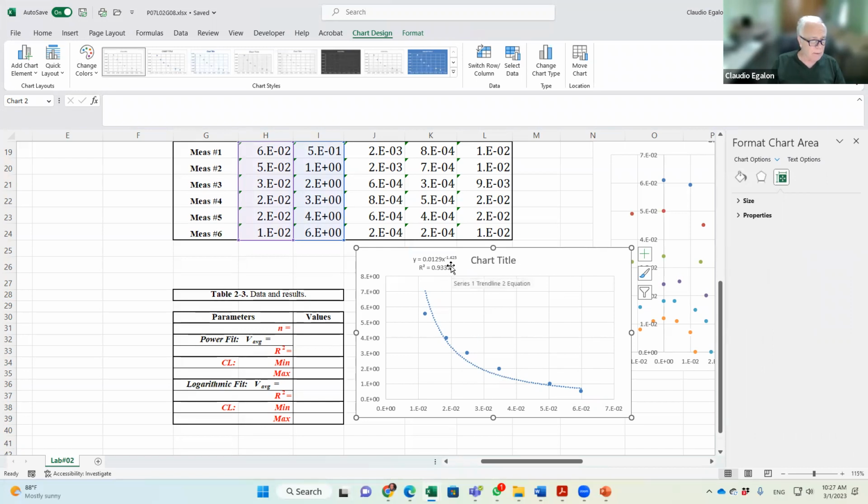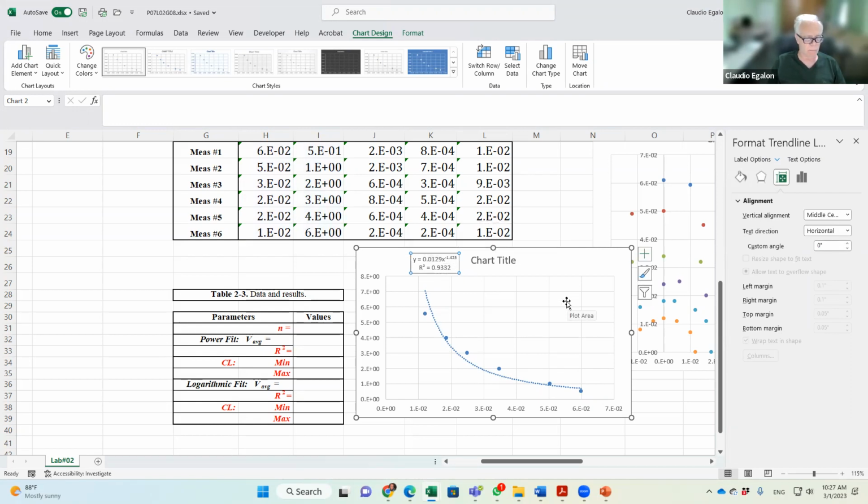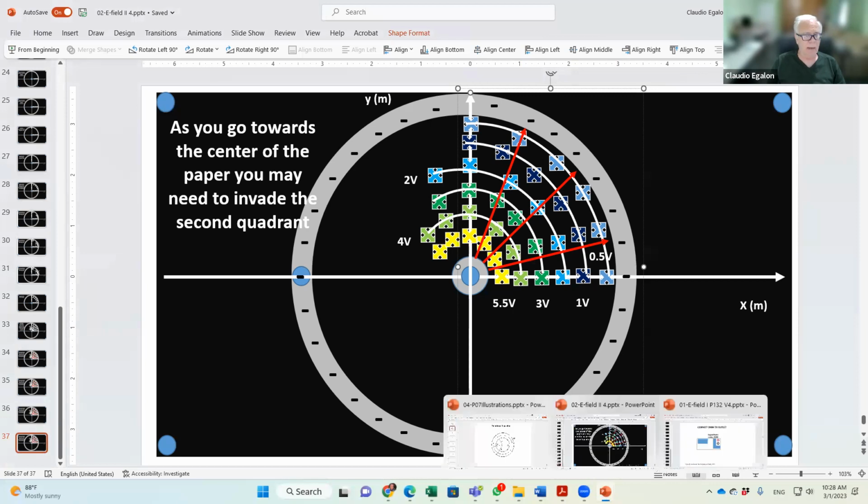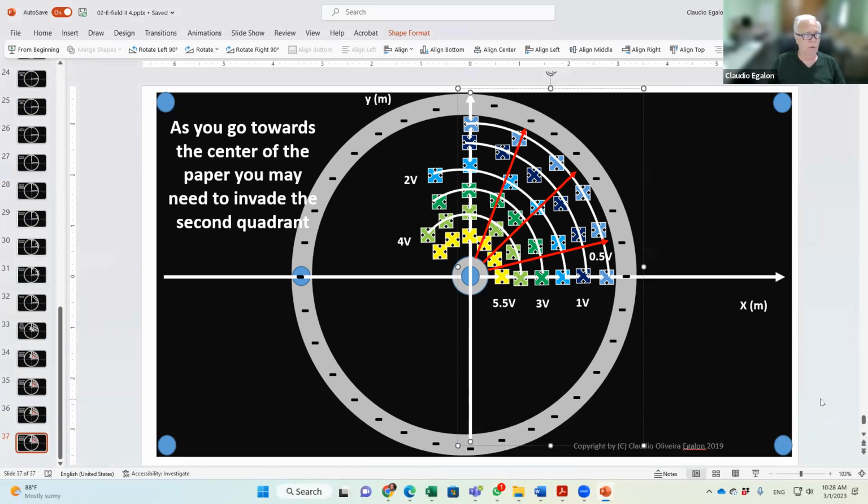What you're getting here is not the power of -1. It's a power of -1.4. It's not a perfect fit. Your R square is pretty high. So as a first approximation, we can say that this distribution here is that of a point charge, but in reality it's not. In reality, this is not a point charge distribution with a ring around the point charge.